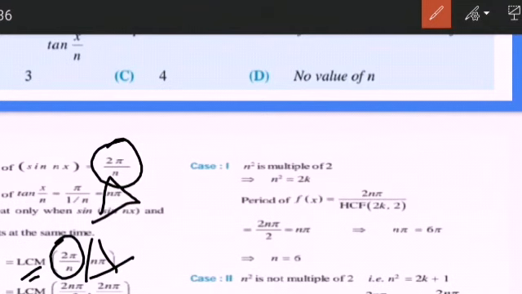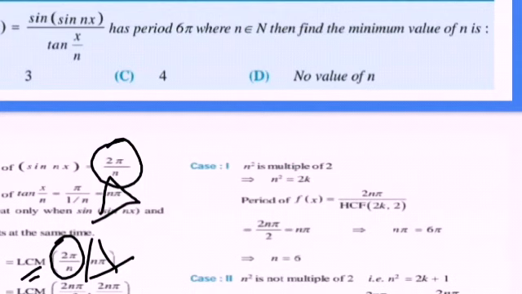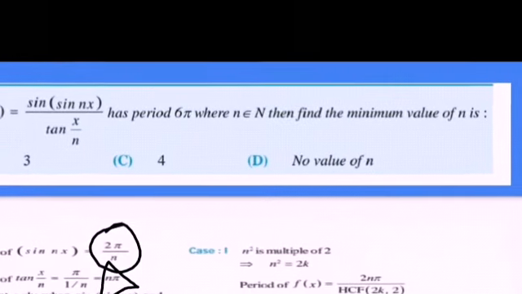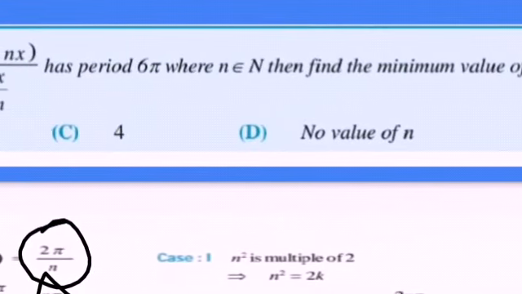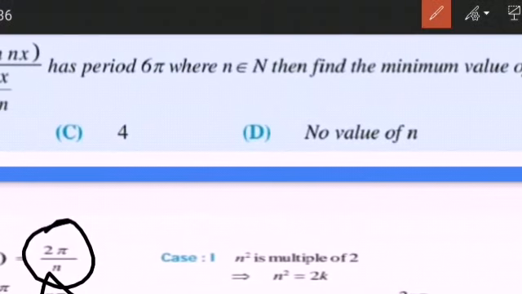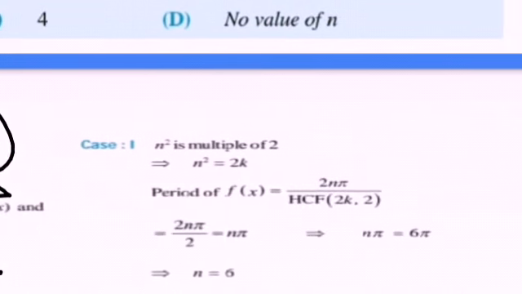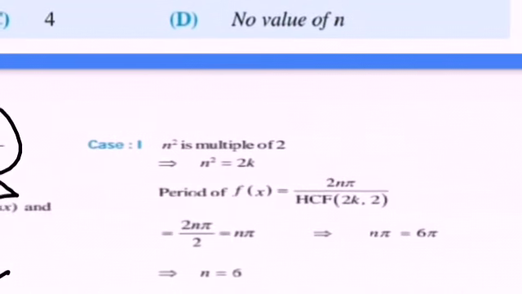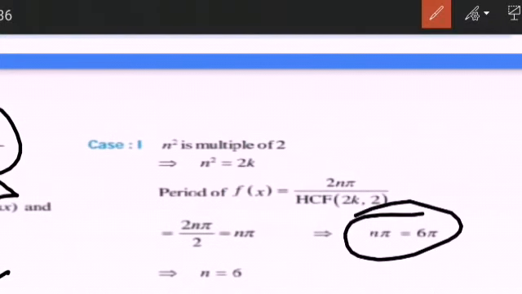Now the HCF is 2, so 2n pi upon 2 is n pi, and in the question the period is given as 6 pi. Equating n pi with 6 pi, you will get n equal to 6.